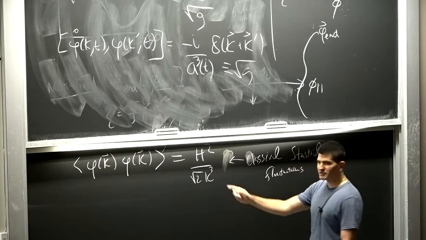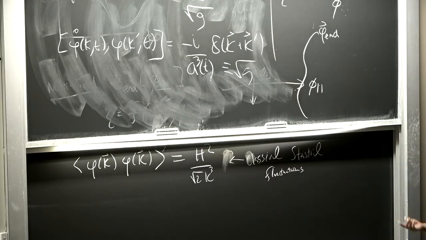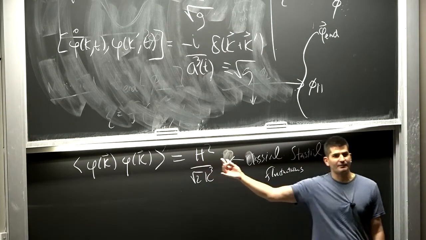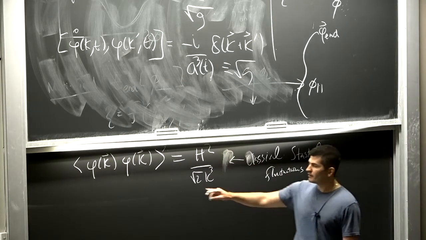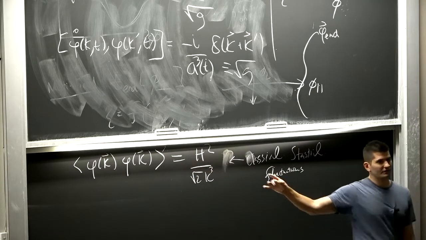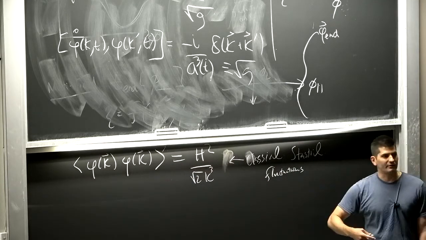It's not a quantum fluctuation because quantum fluctuations are too small. They're down by 1 over a cubed. So these fluctuations just have to be real. They have to be there. They have to be classical fields. So we've converted quantum fluctuations to classical when we go from inside the horizon to outside the horizon.